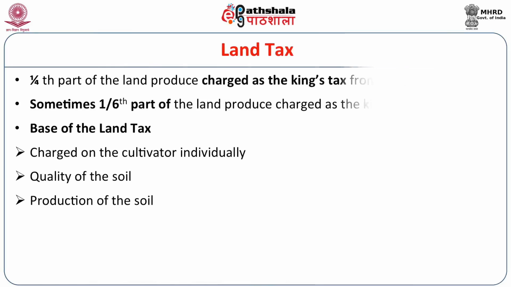So accordingly land revenue was determined. Land tax and production of the soil, what type of production, huge production or medium production or low production, how much yield of the land, that was also taken into consideration for determining land tax.